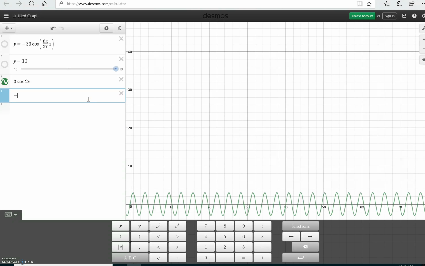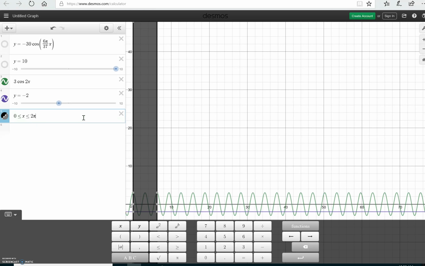So I'm just going to go y equals negative 2. And we want to know from 0 to 2 pi. So I can do 0 less than or equal to x less than or equal to 2 pi. And it'll even just highlight that area for me.